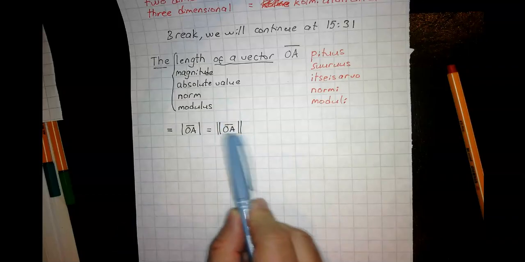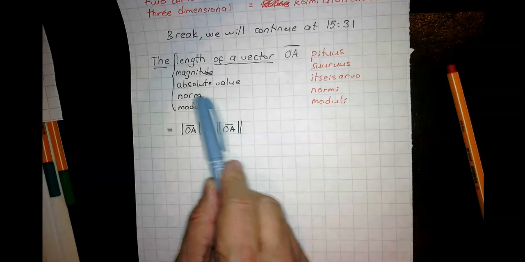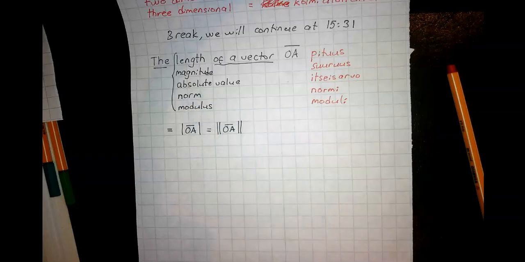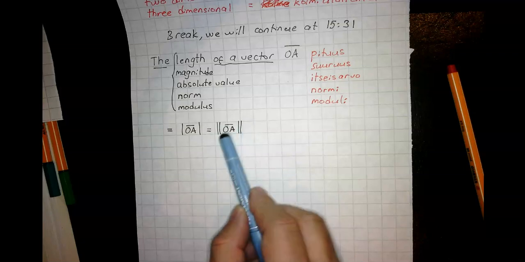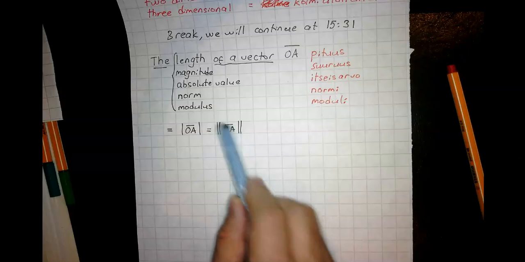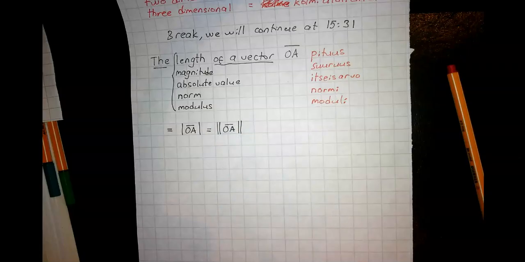Actually, this notation is the norm notation. This norm is a concept which we use in vectors and also in matrices. And in matrices mostly it is used with these two vertical lines.